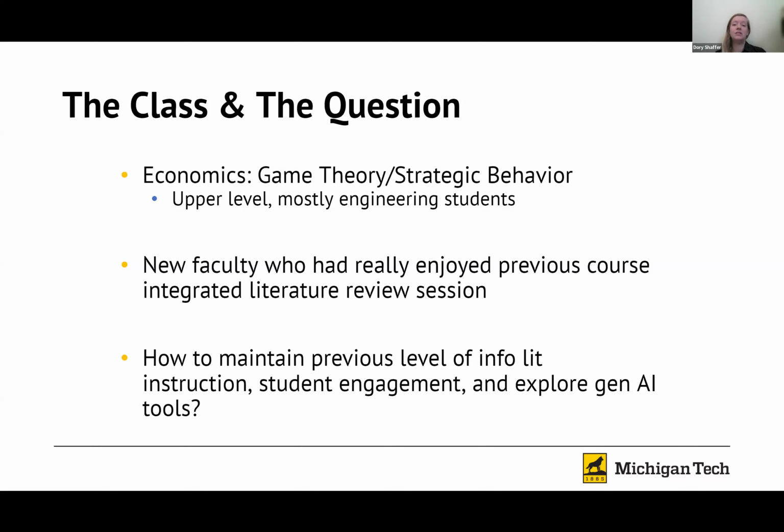The faculty member was new and had really enjoyed a previous course integrated literature review session that I'd done with her the last semester called Bibliography Bingo. And she wanted to figure out how we could maintain the previous level of info-lit instruction and student engagement with myself, the librarian, while exploring some of these generative AI tools in their writing.